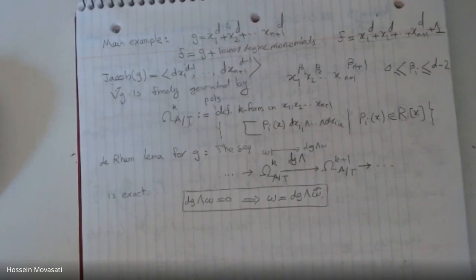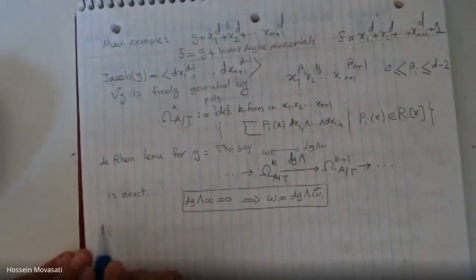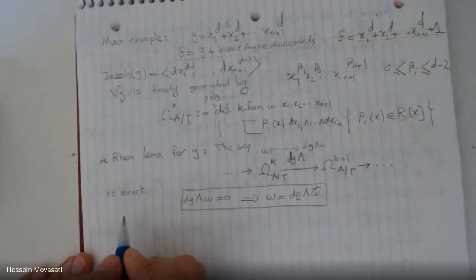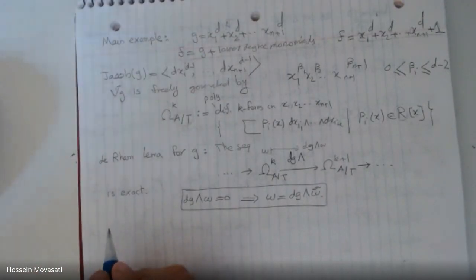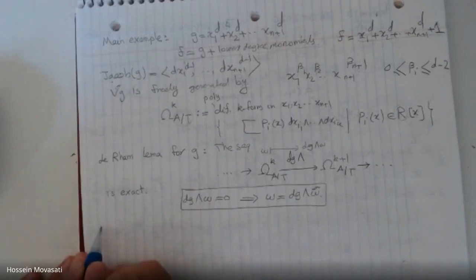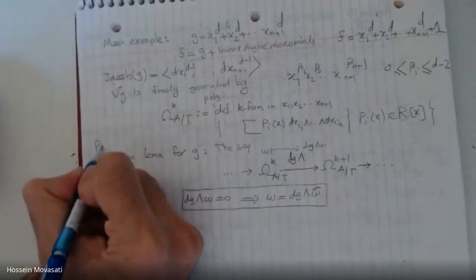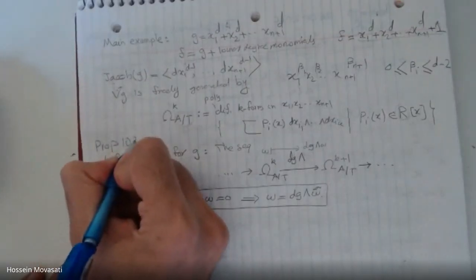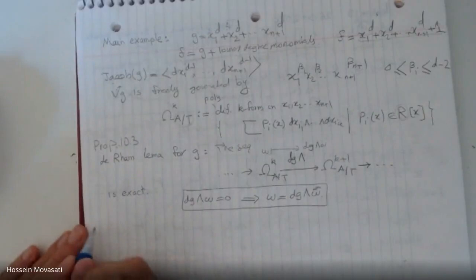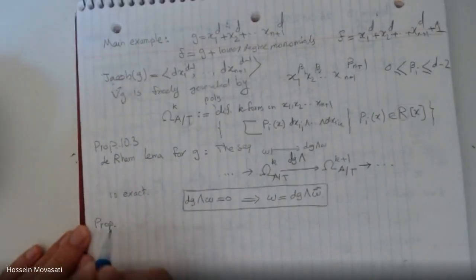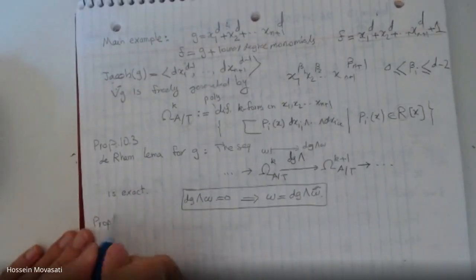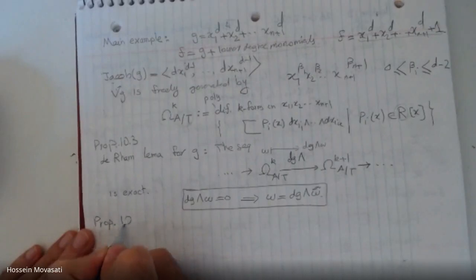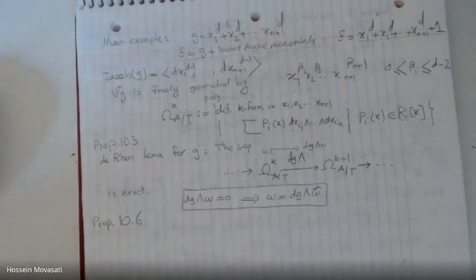Maybe another statement which is good to know, the same proposition, the de Rham lemma for f, for a tame polynomial. This is proposition 10.3 in my book, and then proposition 10.6.